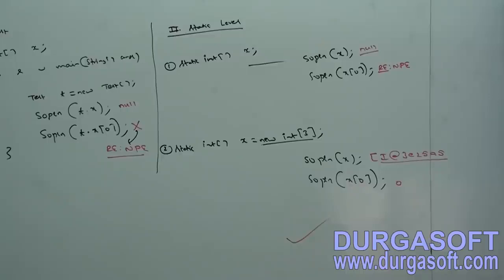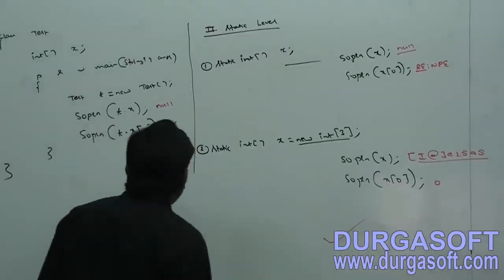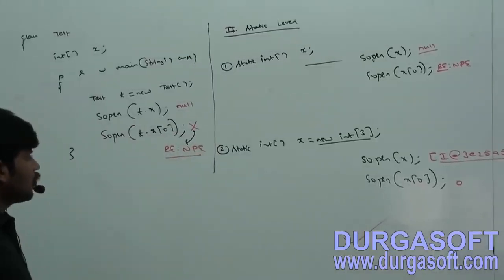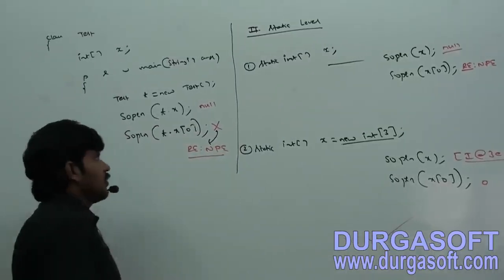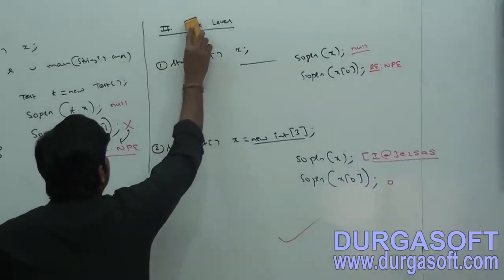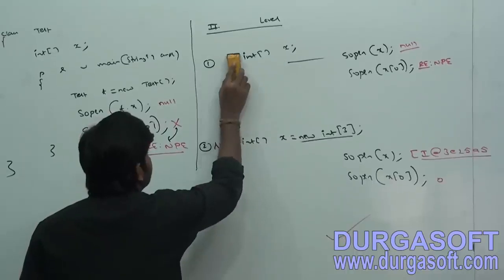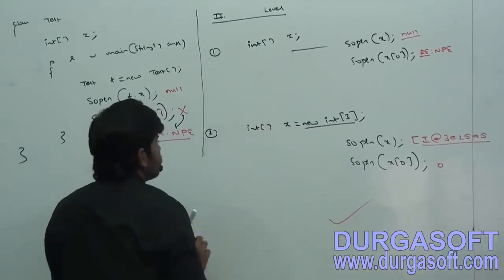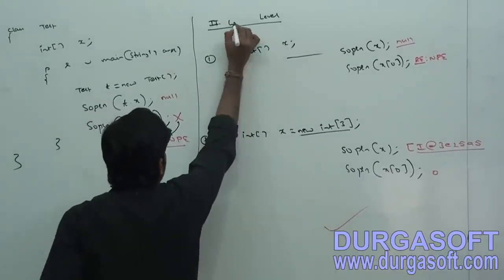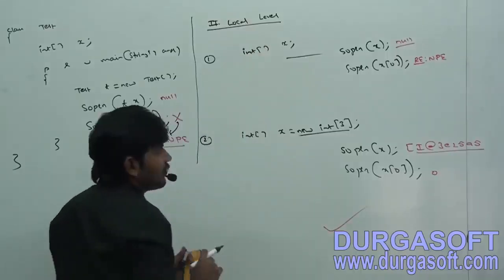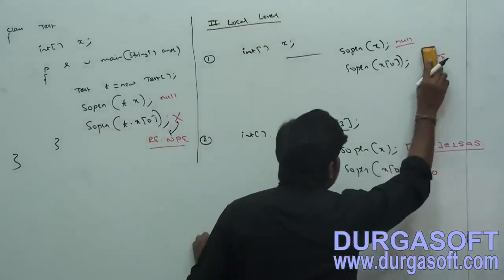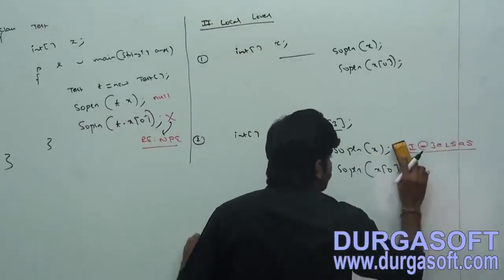Next, the third one, local level. Inside a method I am taking a local variable. Take very special care here, because for local variables the behavior is different. I hope you know.